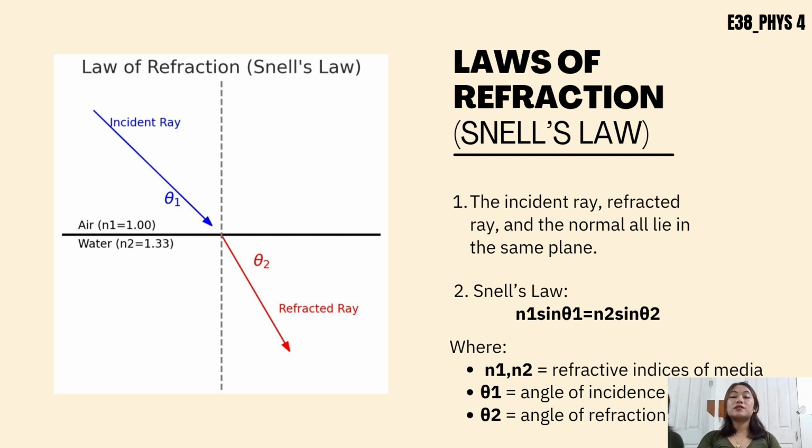So, in summary, reflection is the light bouncing off a surface, following the law that the angle of incidence equals the angle of reflection, and refraction is light bending as it passes through a surface, governed by Snell's law.